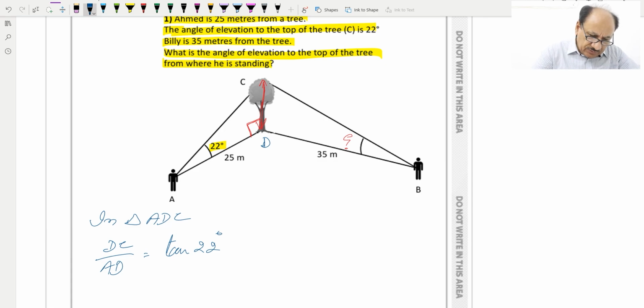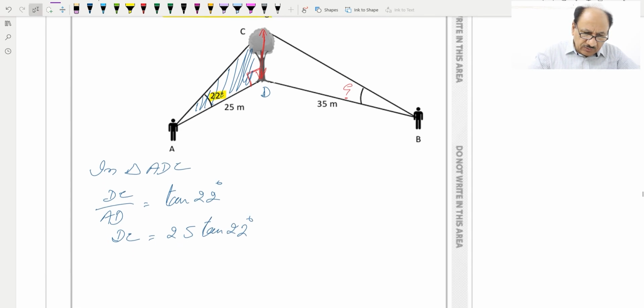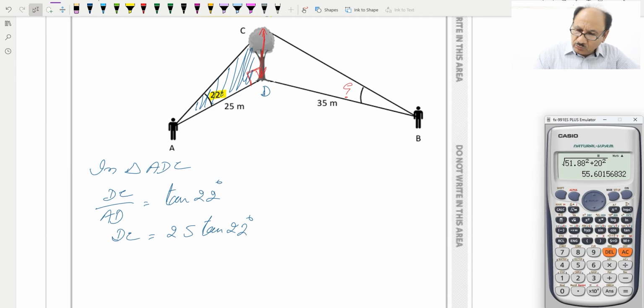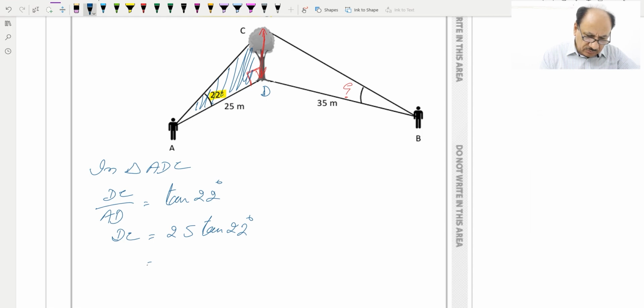We are considering basically this triangle first, and DC, which we need to find, is equal to AD, which is 25, times tan of 22 degrees, and we can calculate this with the help of a calculator. So 25 tan of 22 degrees, your calculator should be in degree mode, otherwise your answer will be wrong.